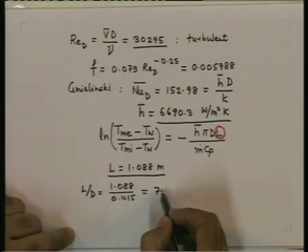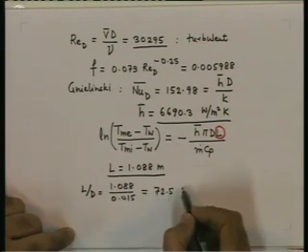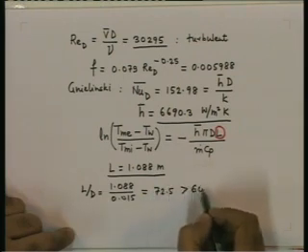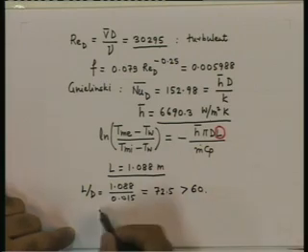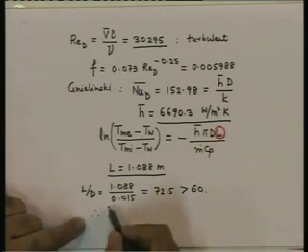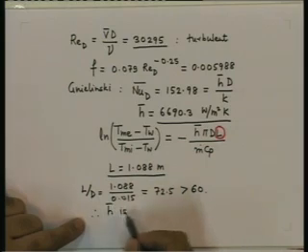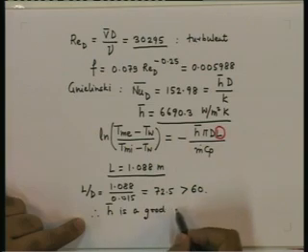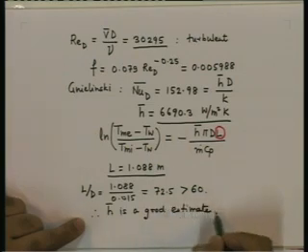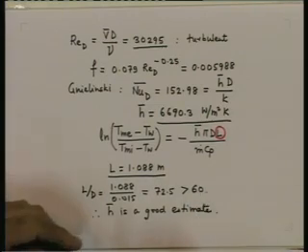This turns out to be something like 72.5, which is greater than 60. Hence, h bar is a good estimate. That means the effect of entry length is small.